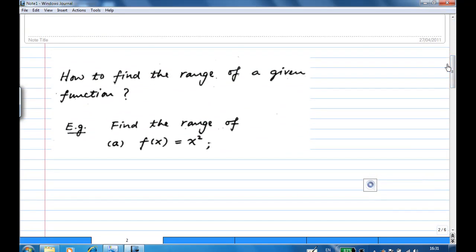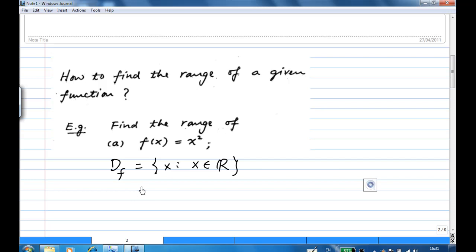First one, suppose f(x) = x², where x uses the natural domain of f, which is all the real numbers, since any number you can square. Now we know that for any real number, x² is always greater than or equal to 0.